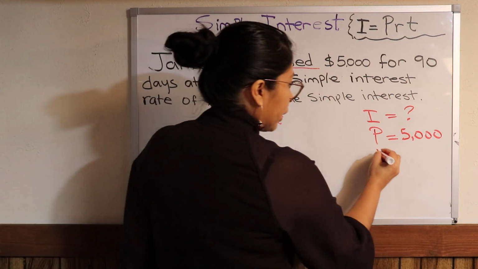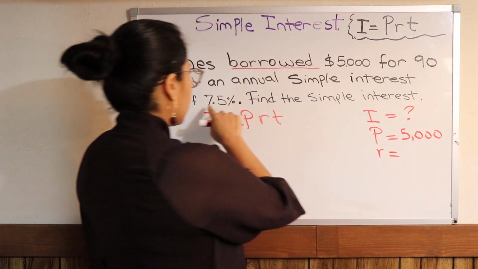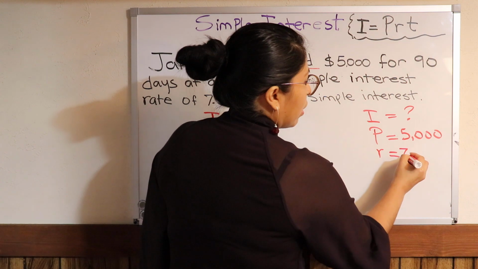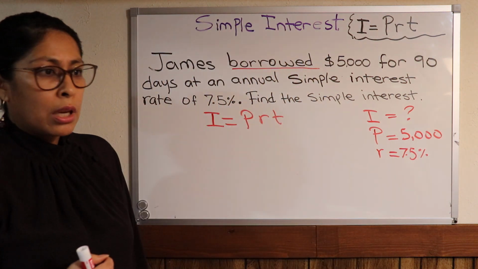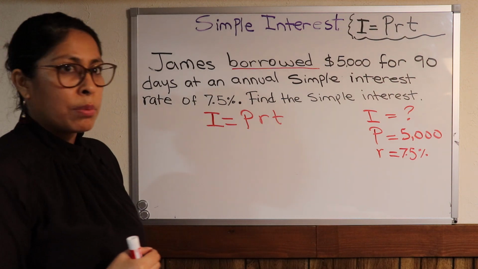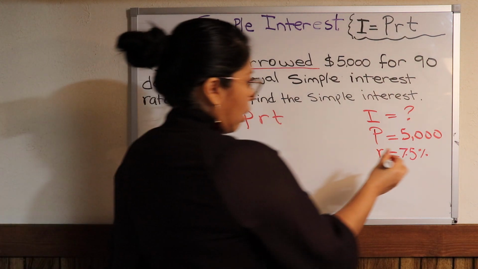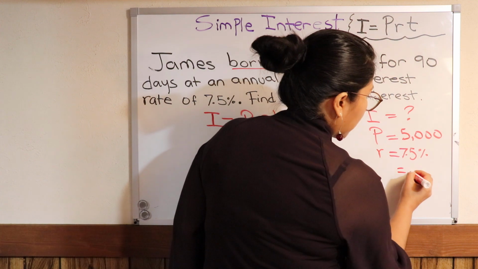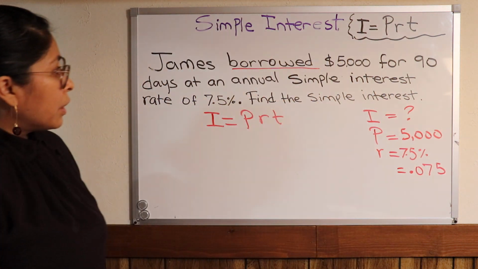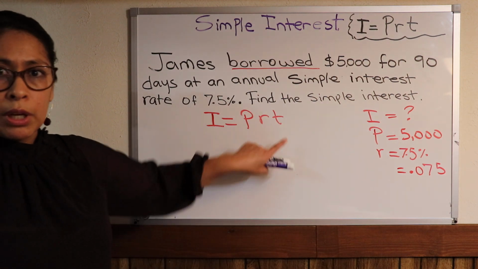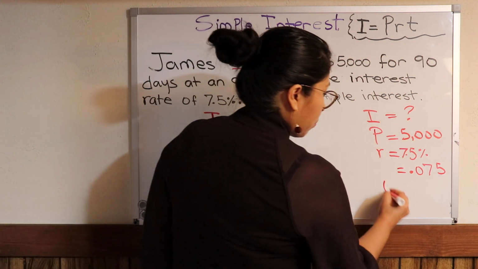And then I have R. R is the percent rate, and it's 7.5%. But remember, I have to change it to decimal form, so it's going to be 0.075. And then what else? I'm missing the time. The time is going to be in years.